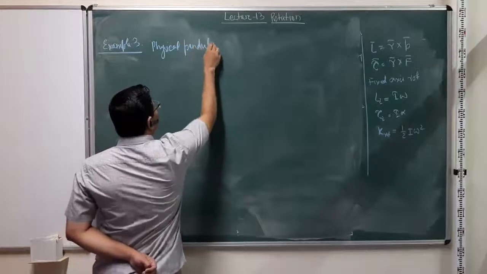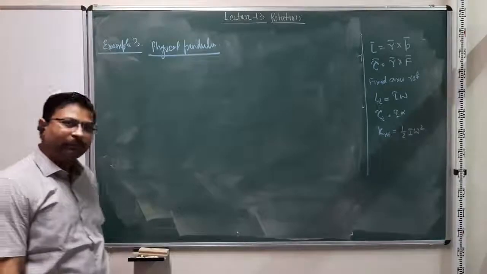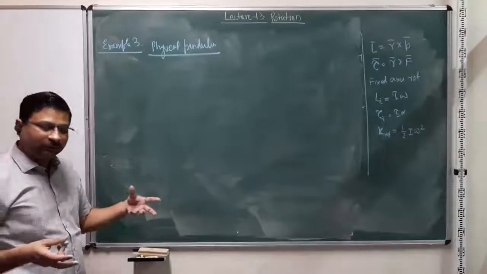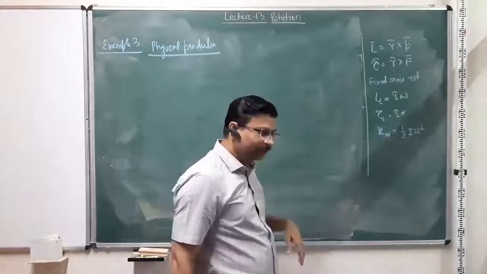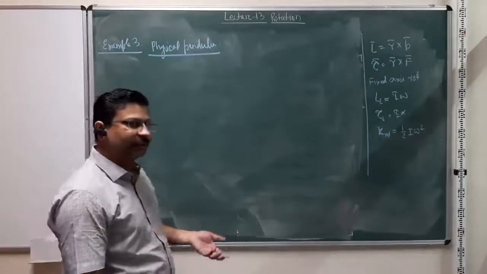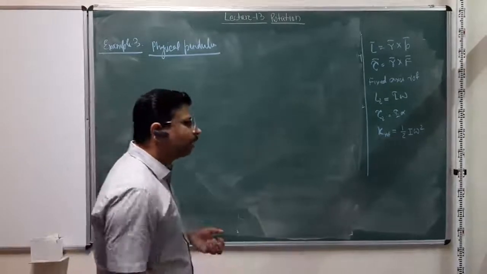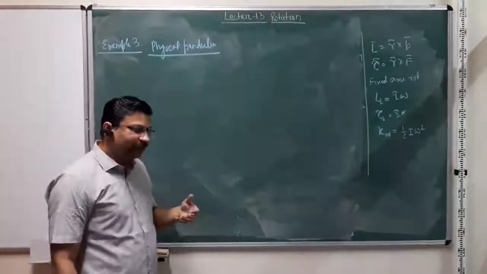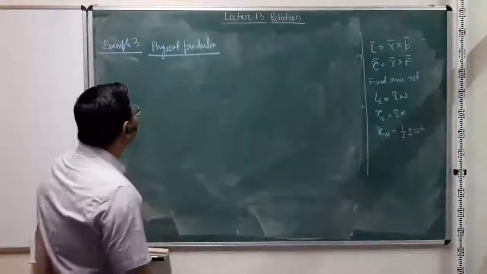Right. So where we are not bothered with a string and a bob and this kind of system, but we say that take any arbitrary object, right, pivot it at any arbitrary point on that object, or about any other point, and then let's see its oscillations, right? Because that is also a motion which is similar to simple harmonic motion. However, we just want to see that is there now any difference between considering the idealized system of a simple pendulum and this kind of realistic system.